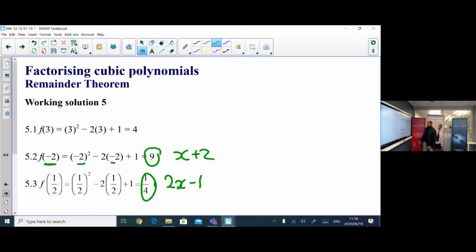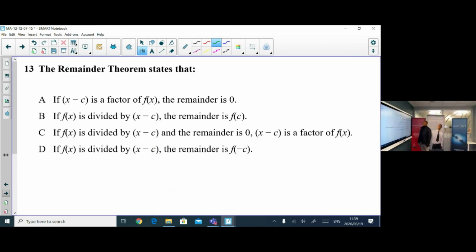So that is your remainder. And I believe that this is an easier method and very quick to give you your solution of the remainder or the factors as we go. So it's a very useful method.